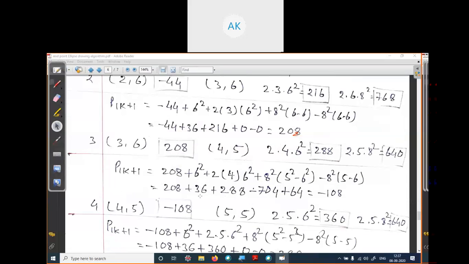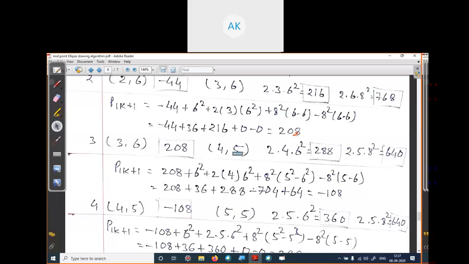Calculate the value for the next iteration, p1k plus 1. Our previous decision parameter is 208, ry square plus 2 into xk plus 1, which is 4, ry square 6 square, plus rx square means 8 square, into yk plus 1 square.